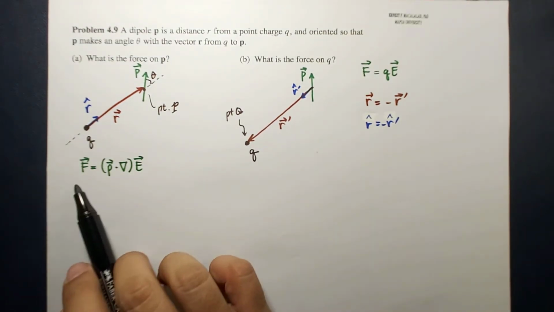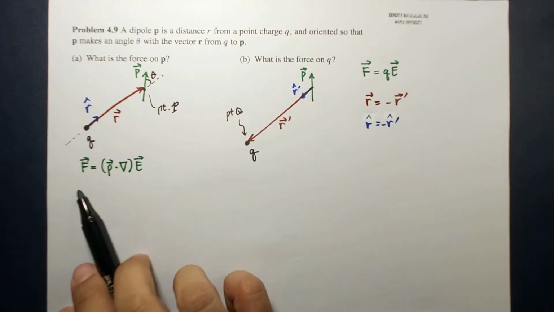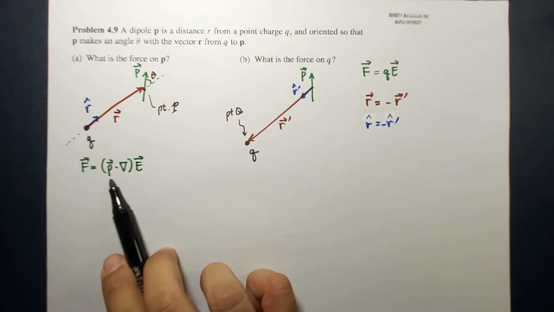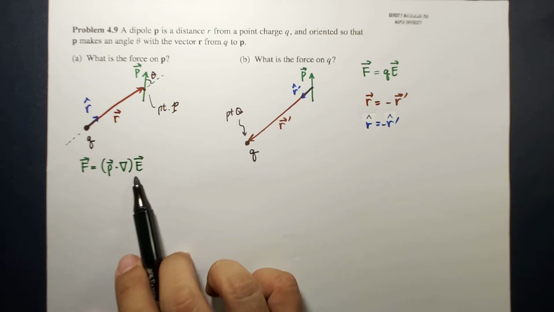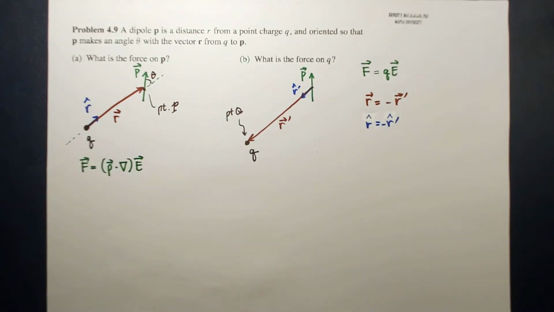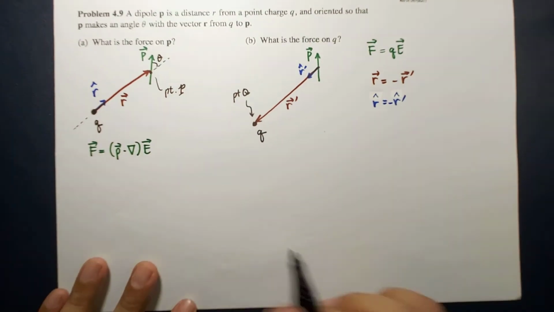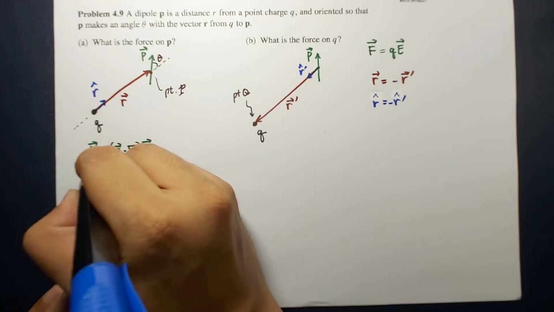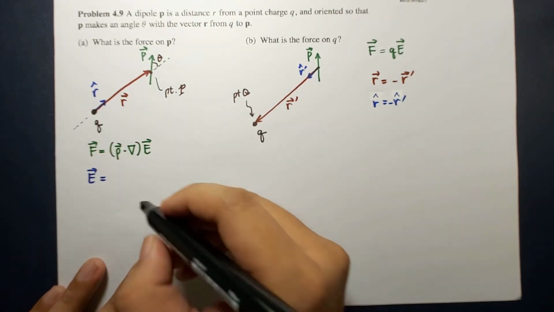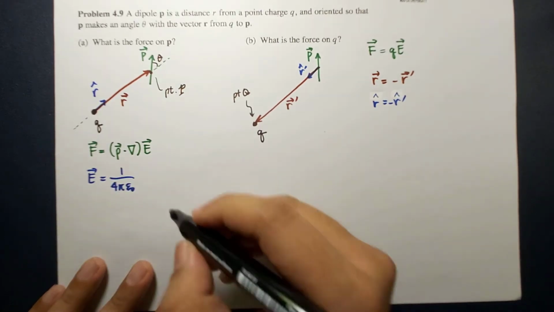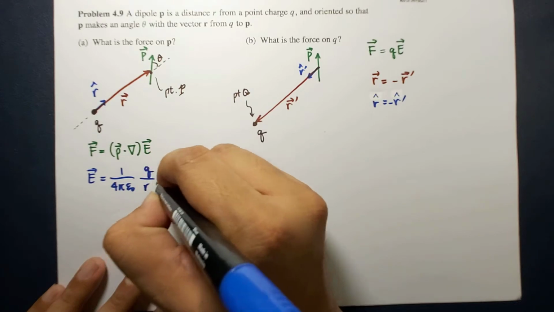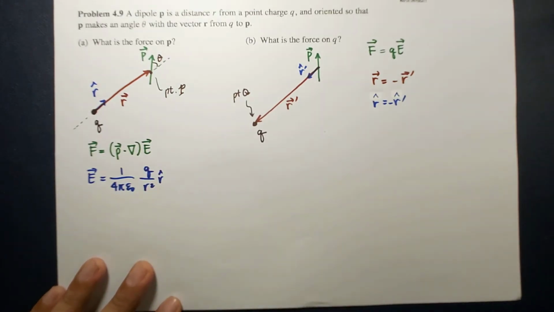For letter A, the force on a dipole is given by this equation, where p is the dipole moment and E is the electric field due to a source charge, in this case Q. Calculating the electric field due to the charge Q, Coulomb's law says this electric field is equal to 1 over 4 pi epsilon sub 0 times Q over r squared r hat.